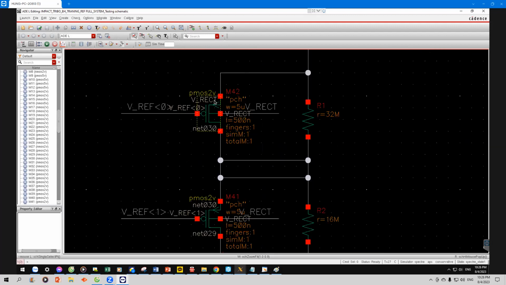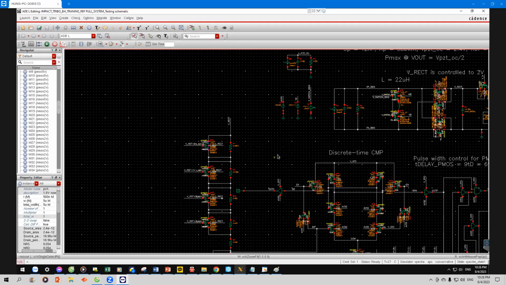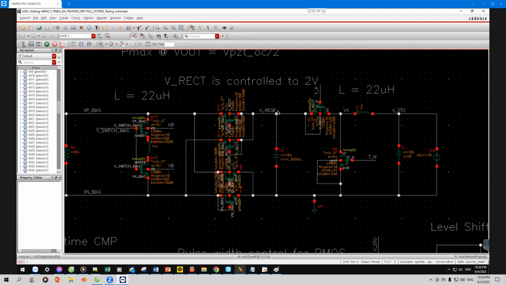This gate, actually for the power MOSFET, is a big current flow, right? In this PMOS and NMOS, we deliver milliampere current through the inductor. So milliampere current through this PMOS and NMOS.